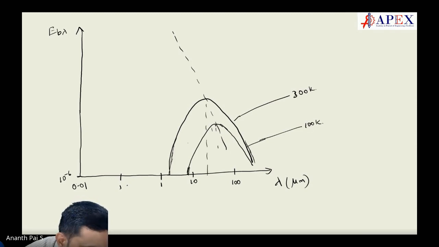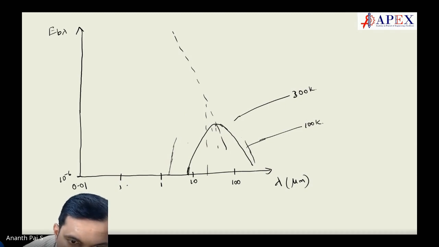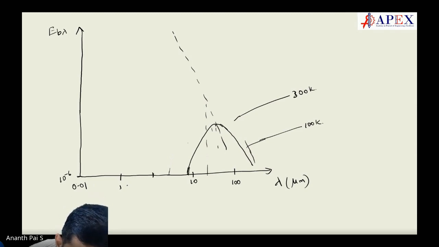This is 300 Kelvin, and the maximum there would be around, not here, not 10 power 10, it is almost 10 here. So it has to go much further. It starts from somewhere at 1, so it is 1 here, and then it goes like this, a bit lesser here.